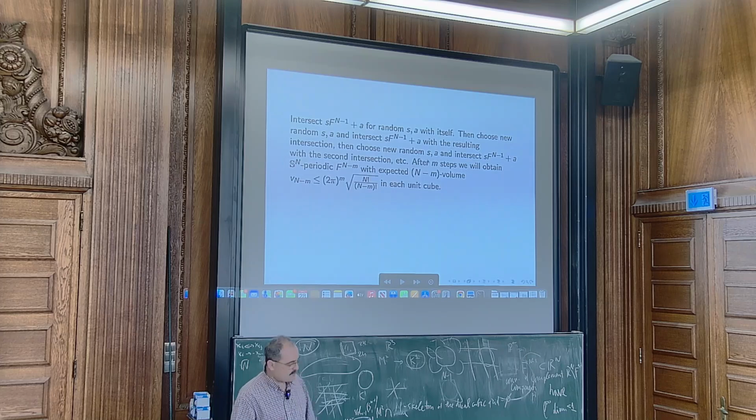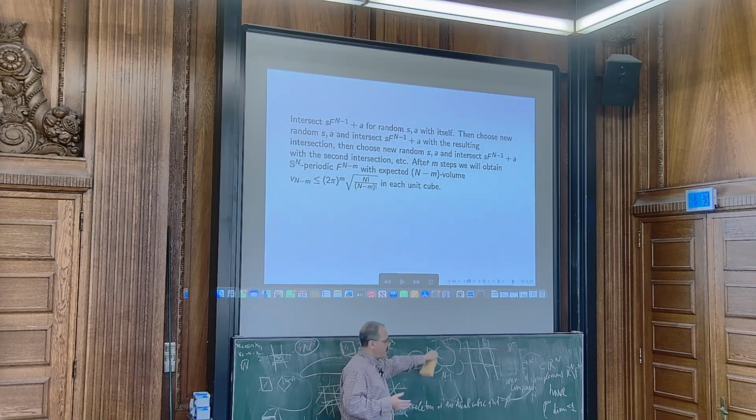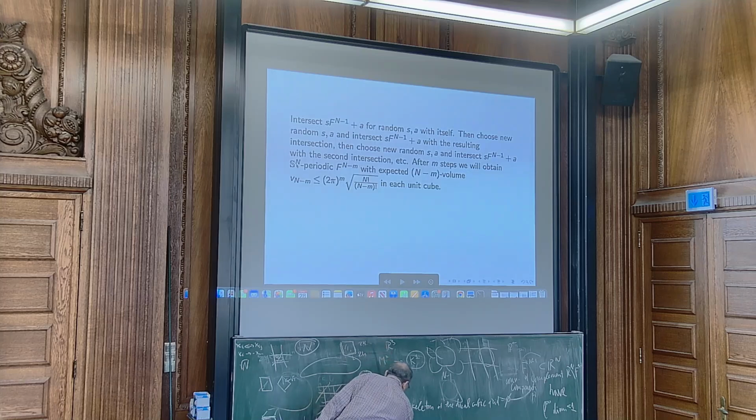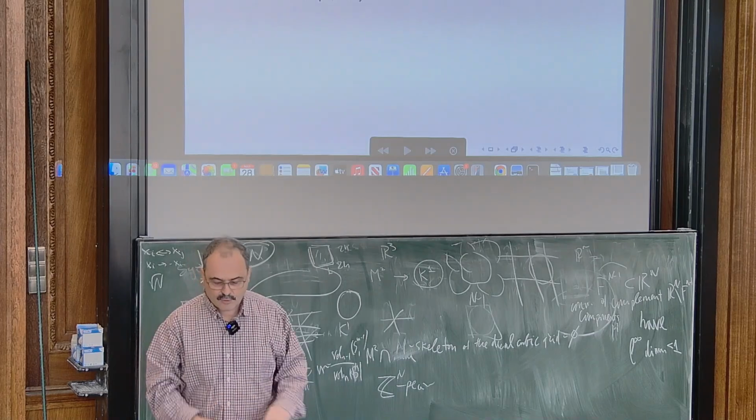And we have an upper bound for the intersection. That intersection will be for us like a skeleton of codimension 1. Then we do it again and again. And after m steps, we will obtain... I'm not sure why it's Sn. It's not Sn, it's Zn periodic. Sn means Zn periodic.